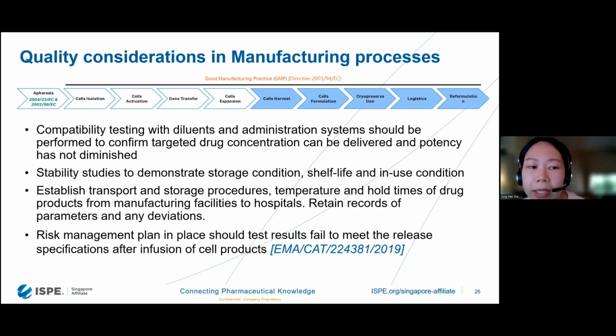So coming to my last slide of the quality consideration, the final product should be assigned a valid shelf life and in-use shelf life supported by experimental data with regard to the maintenance of cell integrity and product stability during the defined period of validity.